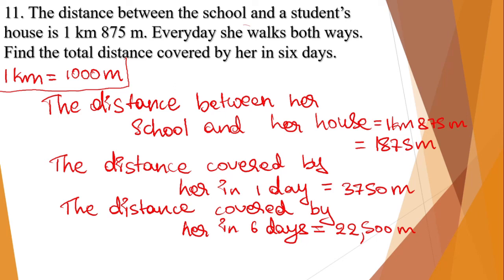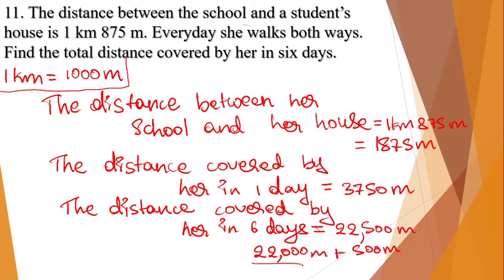Now if we want to write it in kilometers, first we should split the number. So here we have only 500 meters. So to split it, it will be 22,000 meters plus 500 meters. Now 500 cannot be converted into kilometers, so it will be like that only.